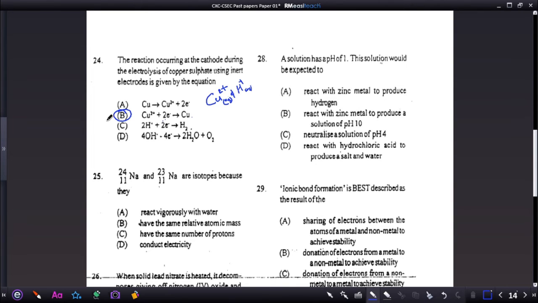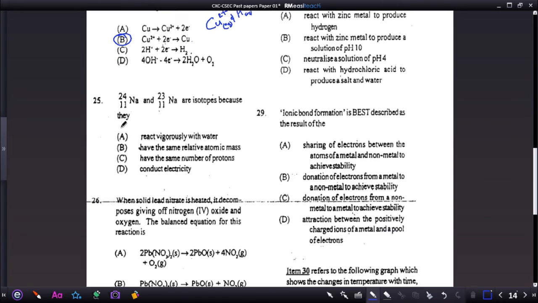Alright, 25. Sodium-24 and sodium-23 are isotopes because, as you can see, they contain the same number of protons, the same element, but the mass number is different, or the number of neutrons is different.